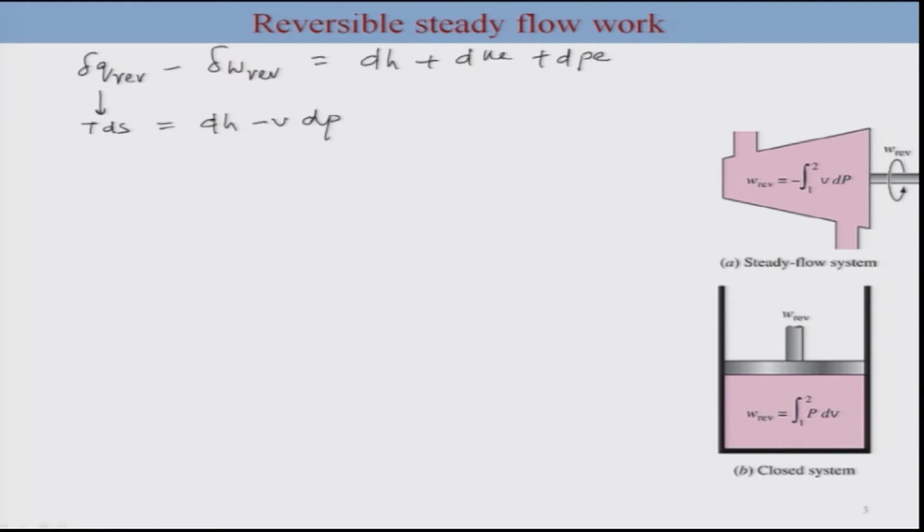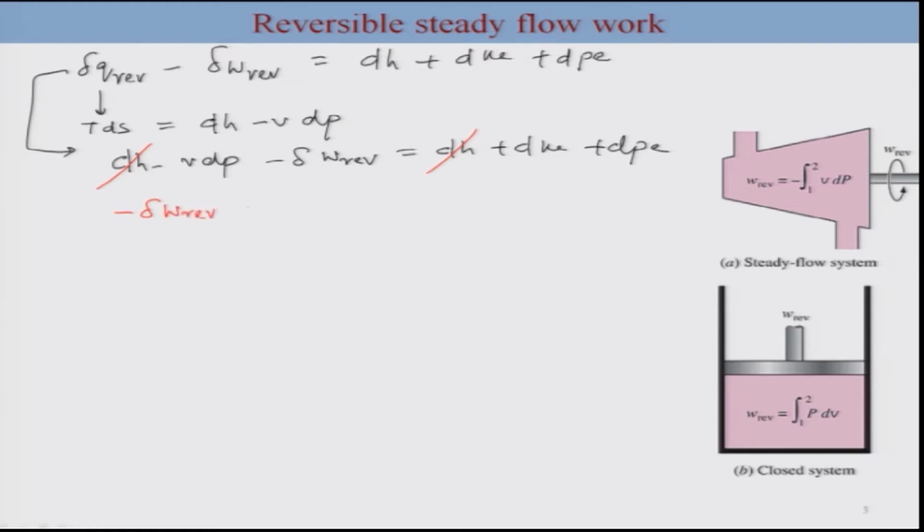So now we can express this energy balance in terms of dH minus VdP minus del W reversible, that is going to be dH plus dK plus dP. So this can get cancelled, and what we have is del W reversible as minus VdP plus dK plus dP.